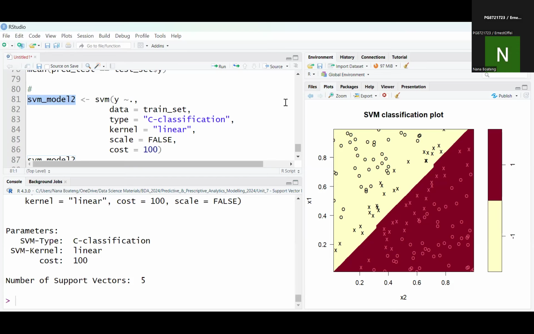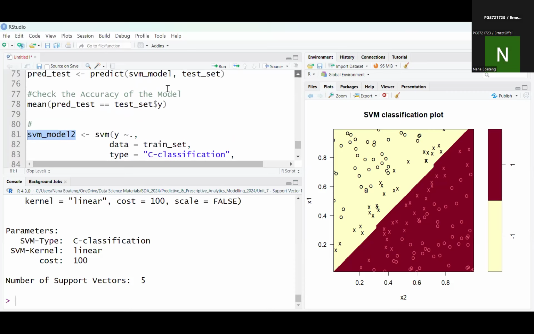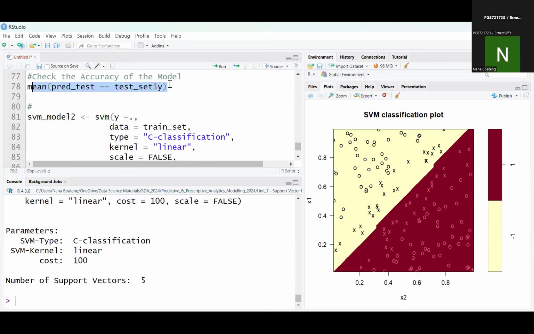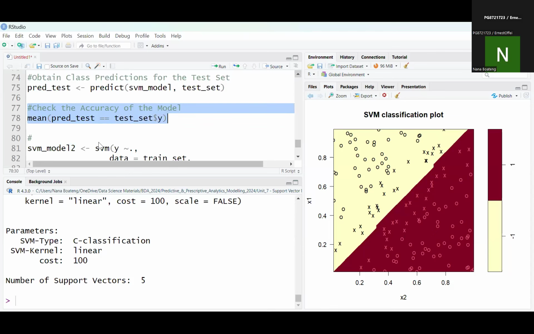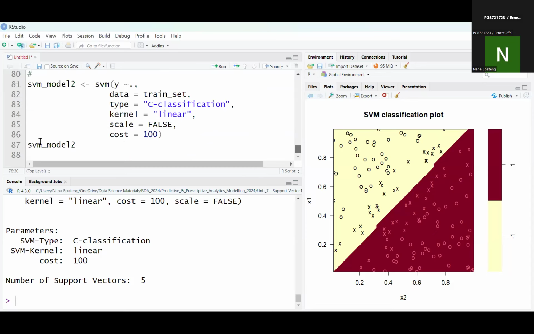All right, so here, the first one that we did, the accuracy was 100%. So let's check this time round too. Let's copy this one. We need to copy this whole thing again. So now we are using model 2.